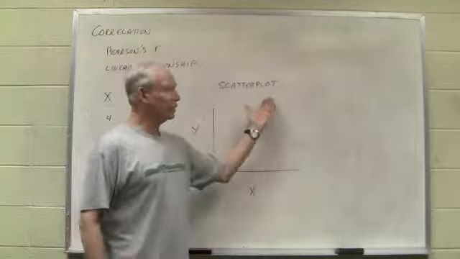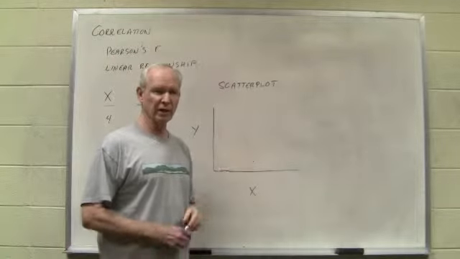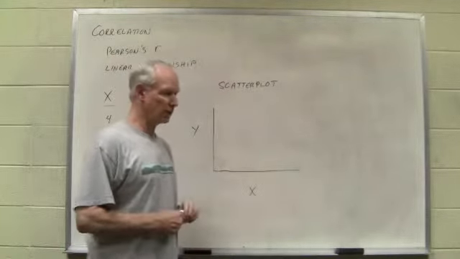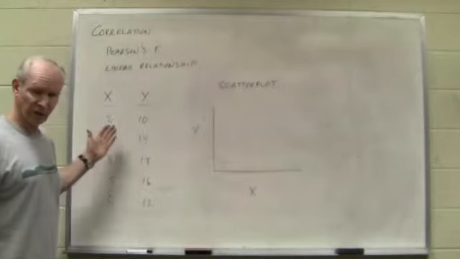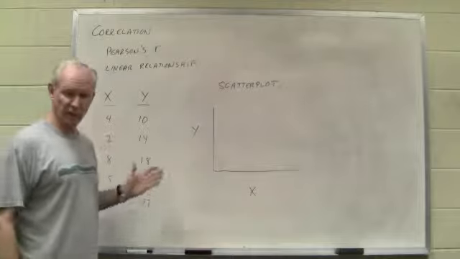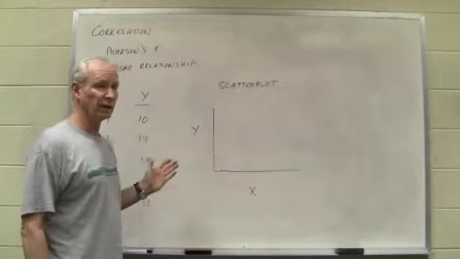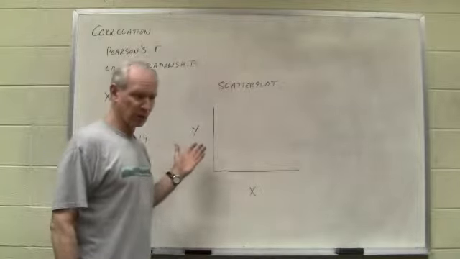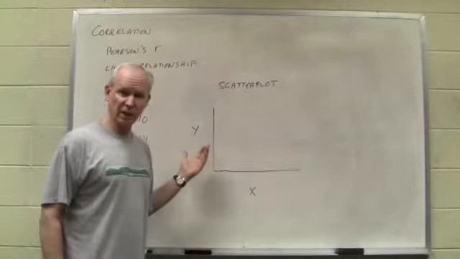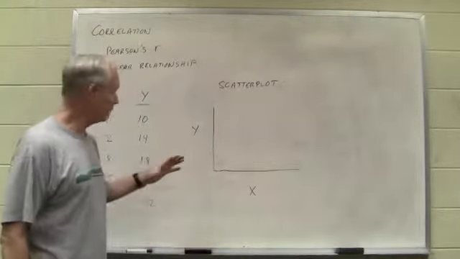We need to take a look at a scatter plot to get an idea about the different kinds of relationships that could exist. If we had two sets of scores, we'll just call them X's and Y's, and we somehow suspect that they could be correlated, what we really should do is use graphing software or get SPSS to do this, but you can do it by hand.